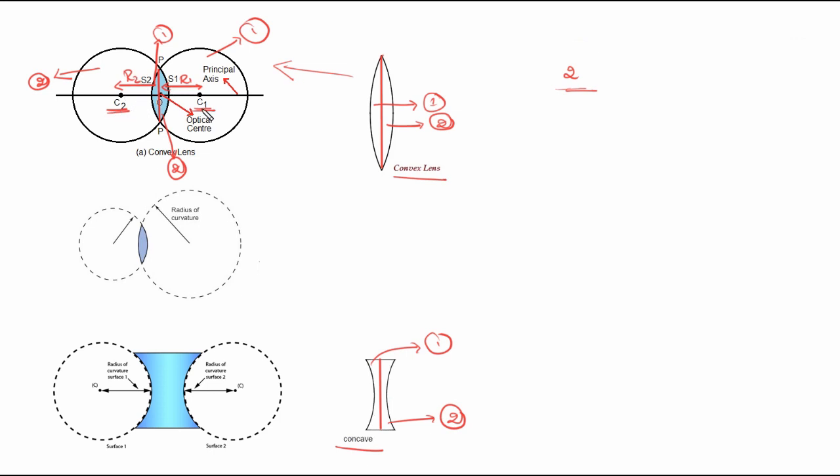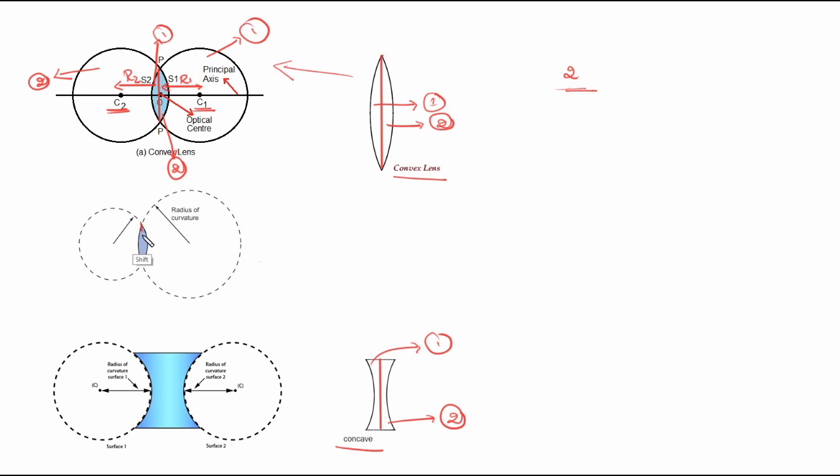Okay, one thing here which you need to remember is, as I said, the double convex lens is a combination of two spherical surfaces. It is not always necessary that these two spheres must have the same radii of curvature. There can be different radii of curvature also.